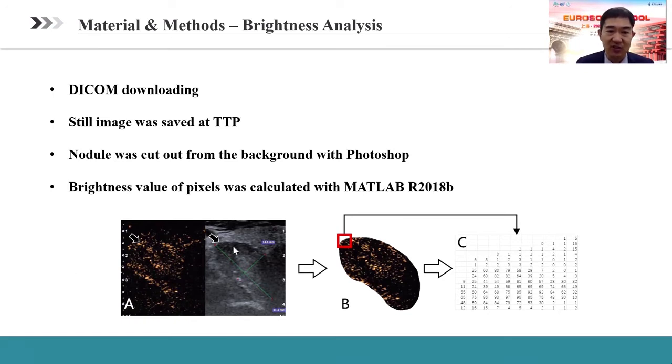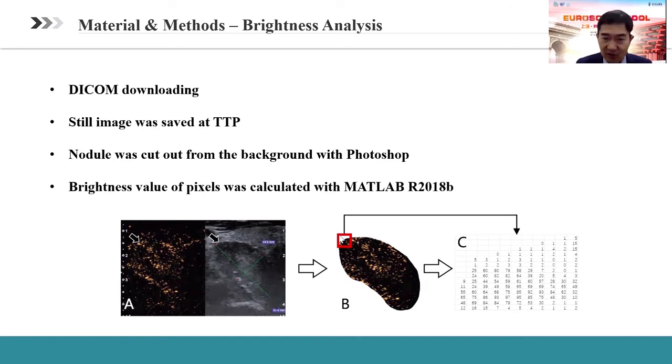For example, this is the SHPT nodule, and this is the CEUS image at PI. So this area of the nodule was cut out from this area, and the brightness value of pixels was calculated with MATLAB.